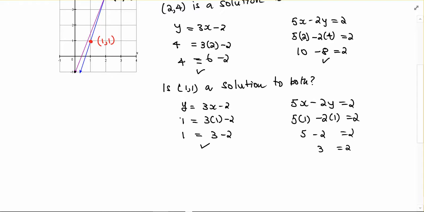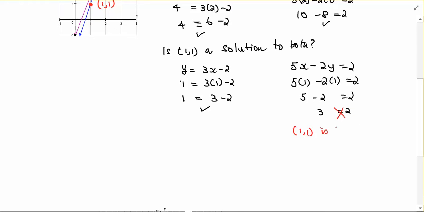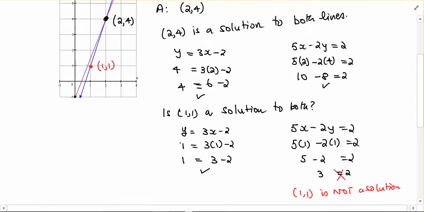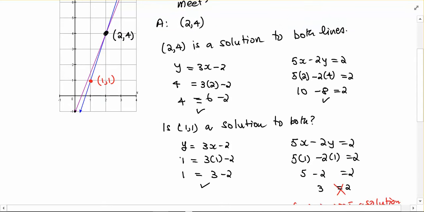Clearly that doesn't work. So 1, 1 is not a solution. So this point 2, 4 is the only solution. Any other point is either not on both lines, so if I choose a point over there, it's not on both, or it's on one and not the other. So 2, 4 is pretty special.